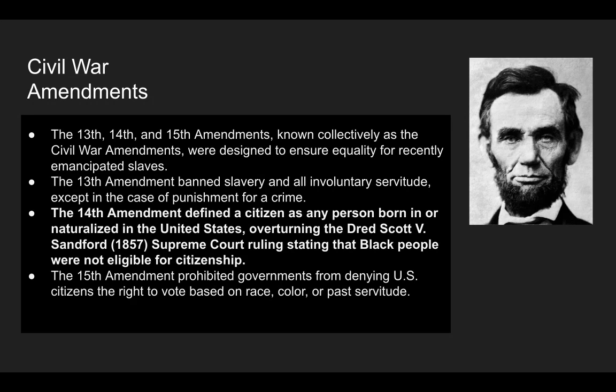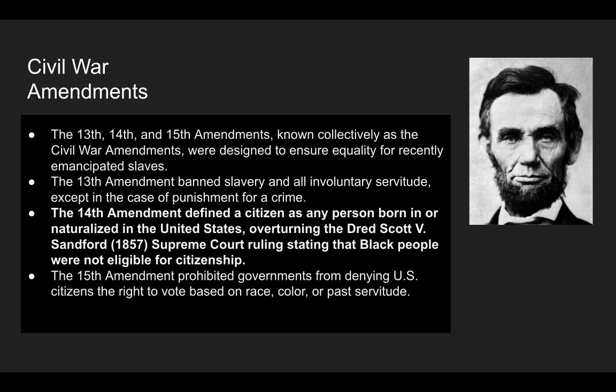So the 13th Amendment bans slavery and all involuntary servitude, except, of course, as punishment for crime. The 14th Amendment defines a citizen. So this is the one that gave slaves their citizenship as persons born in or naturalized in the United States.